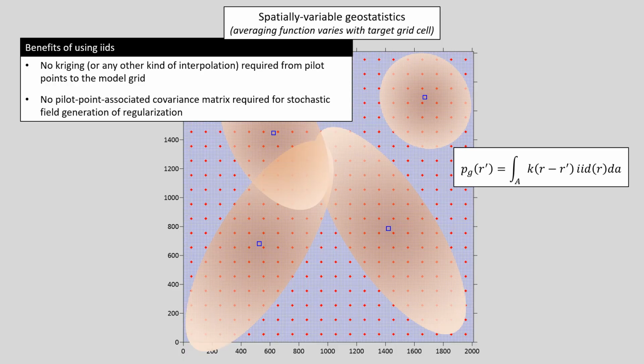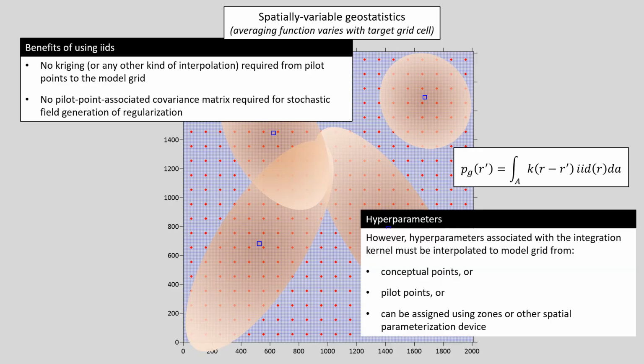So the necessity to come up with a means of doing spatial integration, taking into account possibly anisotropy that varies from place to place within the model domain, I don't have to do that anymore. Secondly, because the variables that I'm associating with each one of these pilot points are independent of each other, I don't need a covariance matrix anymore. So they're the good things.